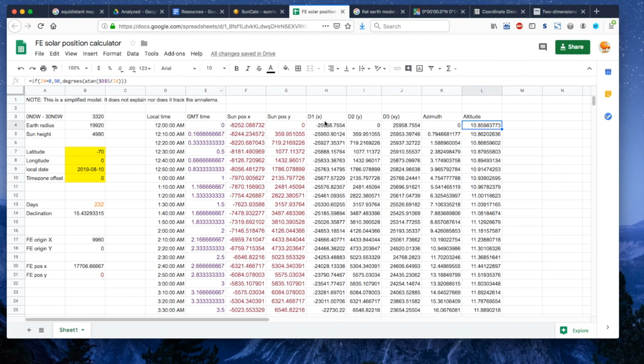The altitude is the distance of the observer to the sun divided into the sun's height.